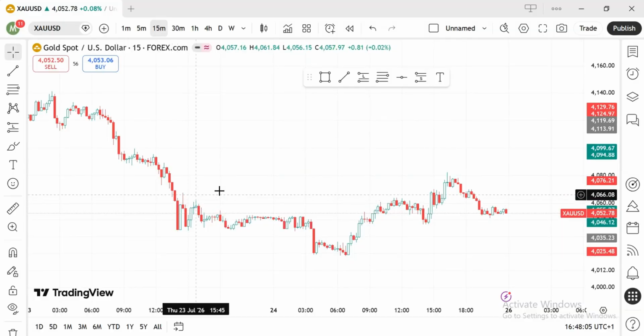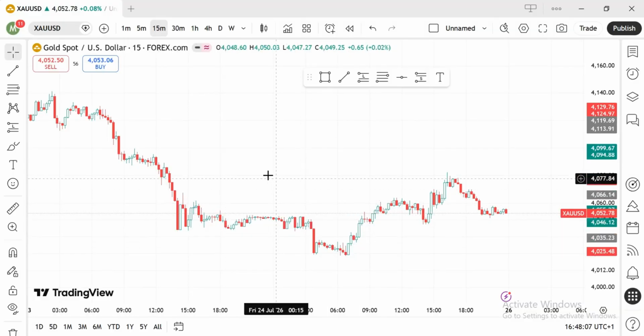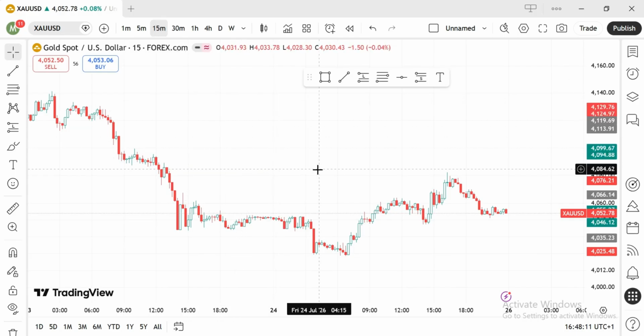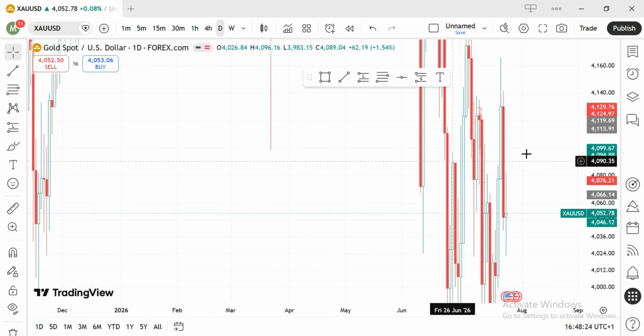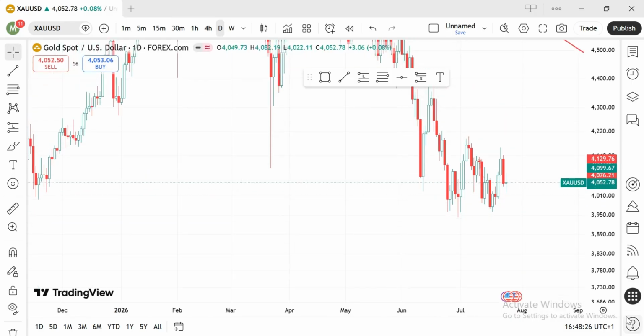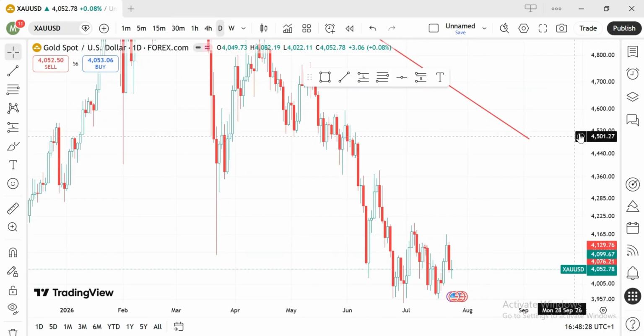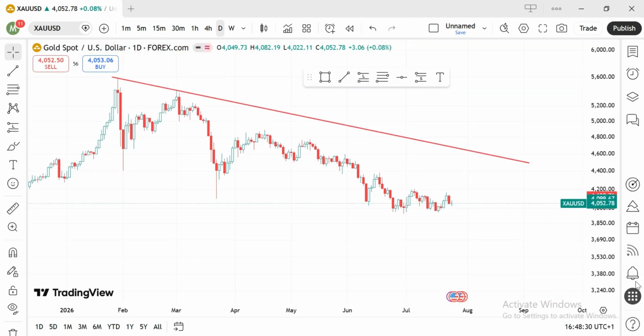Now, over here on my TradingView charts, you can see that we are in the 15-minute time frame. And like I said, the first step is for you to identify the trend. For you to be able to do that, you need to come over to the daily time frame. The daily time frame will give you a detailed picture of the trend.